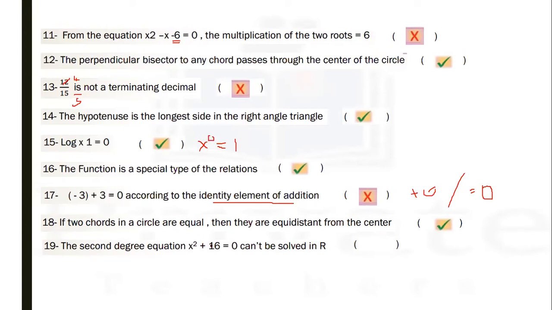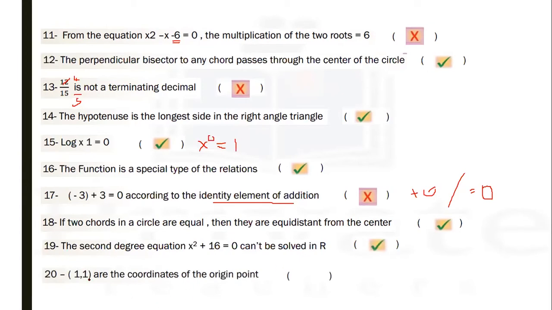X to the power of 2 plus 16: this is a square number and this is a square number, but they are added, so we cannot say this is a difference between two squares. That means we cannot factorize it, so it doesn't have an answer in R. So this information is true because, look, yes, it says can't be solved.